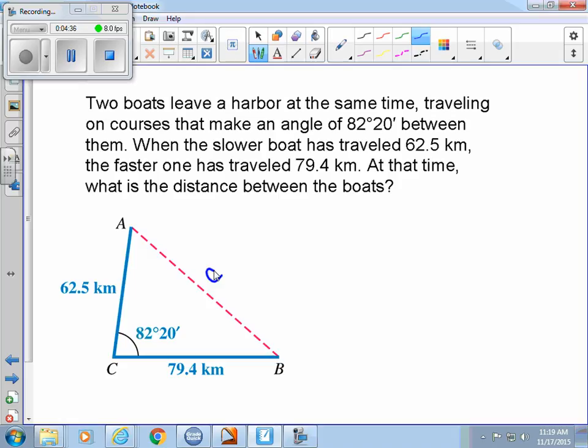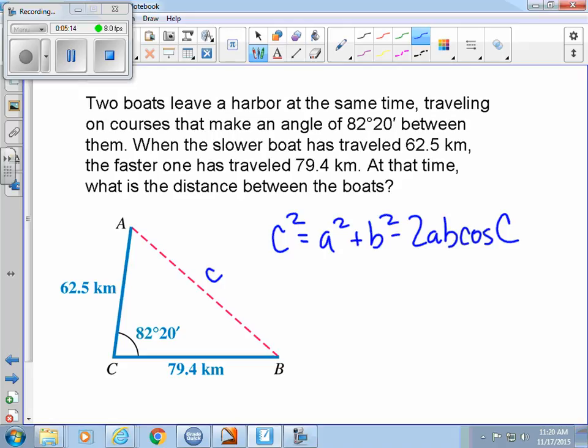Which formula, which is again really all the same formula, but which one would I pick to use? C is the side I want to find, and C is the angle I know. If you have a side angle side case, you're going to base it off of the one angle that you know. So I know angle C, so I'm going to use c squared equals a squared plus b squared minus 2ab cosine C. C is the angle, and a and b are the other two sides.